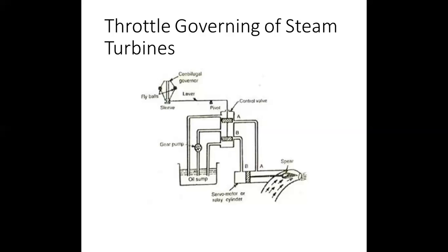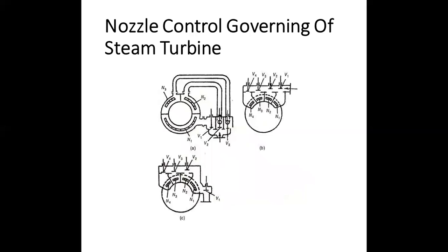This downward movement of the control valve rod will open the mouth of pipe BB. When the speed of the turbine is reduced to its normal range, the fly balls will come down. Now the sleeve as well as the control valve rod will occupy their normal positions and the turbine will run at its normal speed.